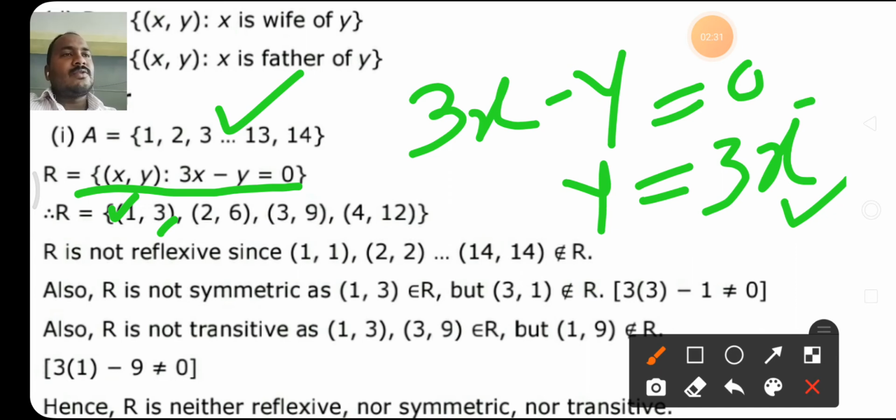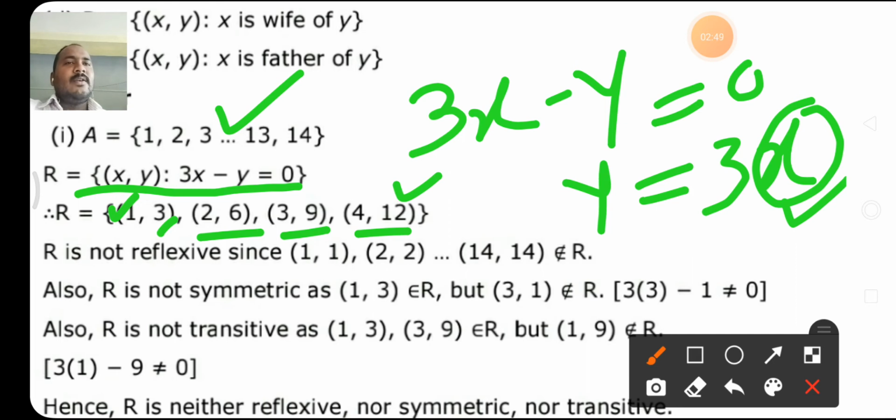Similarly, x = 2 gives 3 into 2 is 6, so y = 6. Again x = 3 gives y = 9, and x = 4 gives y = 12.